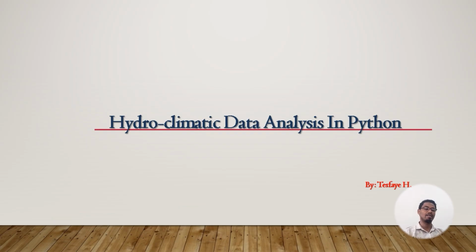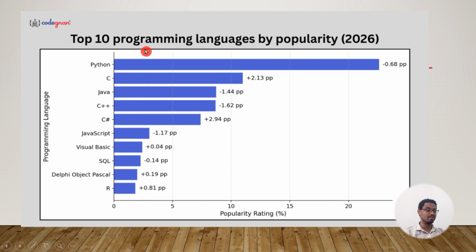As all of us know, Python is a well-known programming language nowadays, which is an interpreted language. As of 2026, on the list of the top 10 programming languages by popularity, Python was recognized as first.